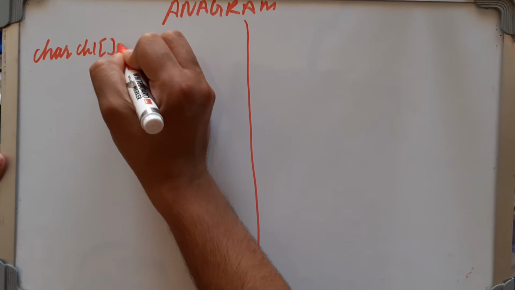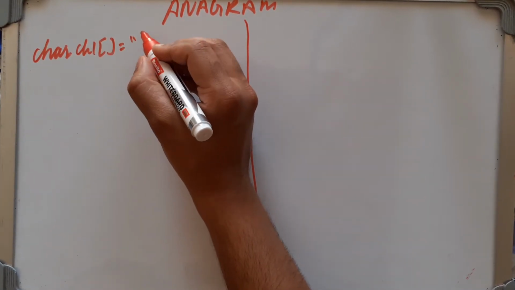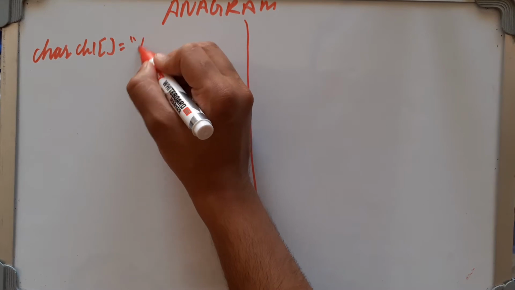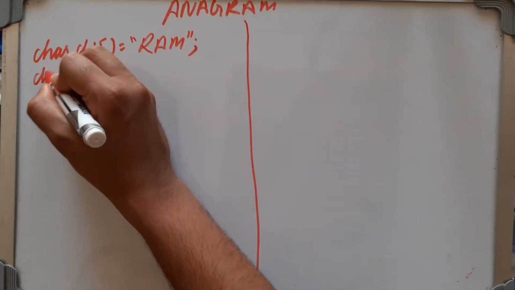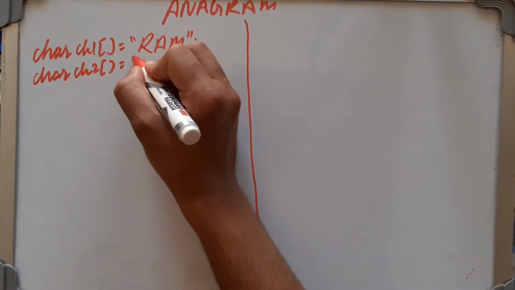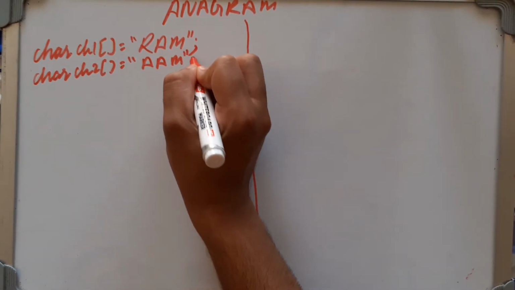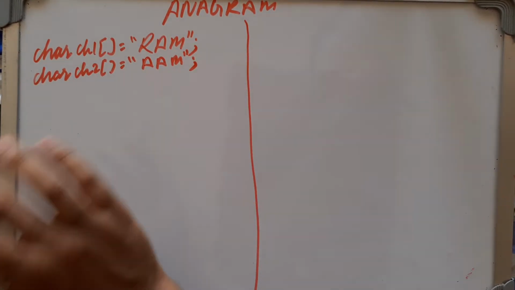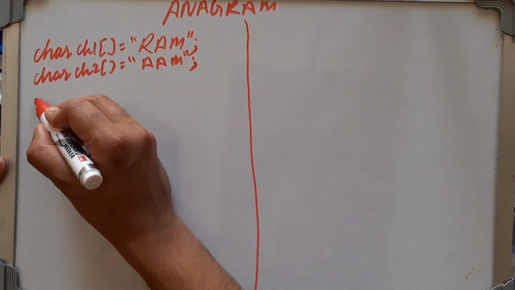ch1 equals to, take any example like Ram and char ch2 equals to arm. Okay, now what you have to do first is, first you have to take out the length of these two.